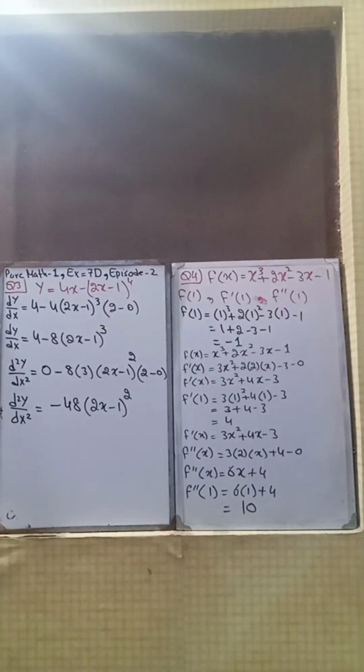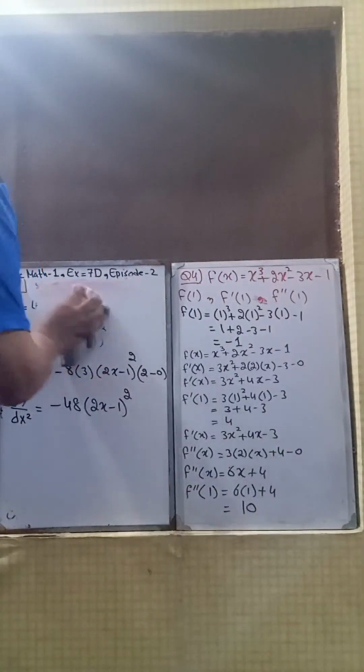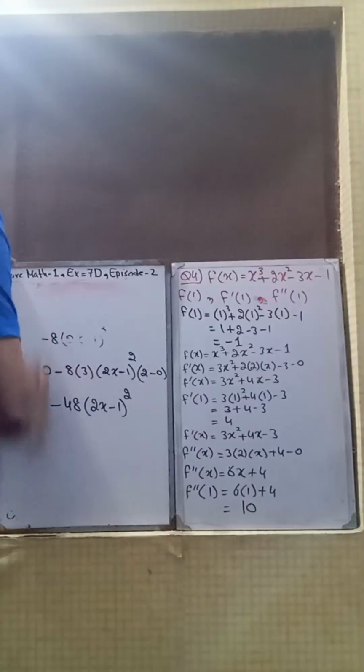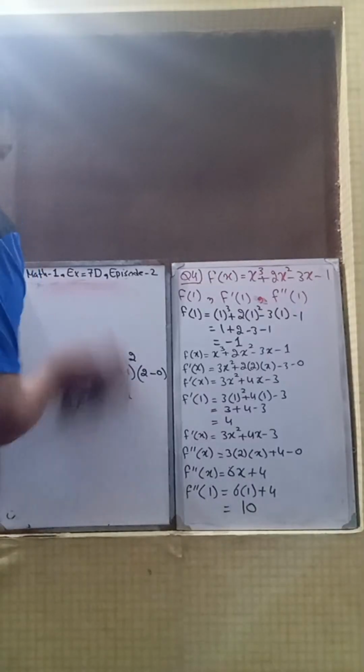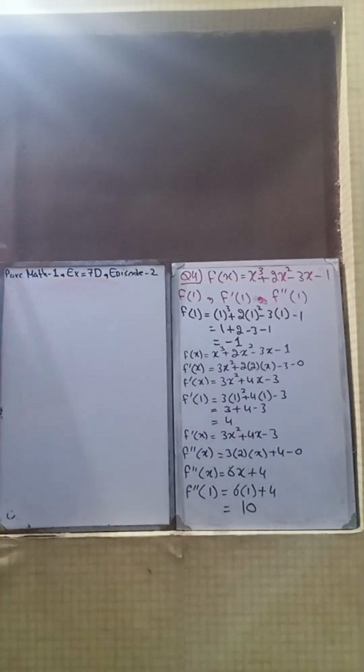The next question coming up on your screen is question number 5 of the exercise 7D. In question number 5, a first derivative is given.